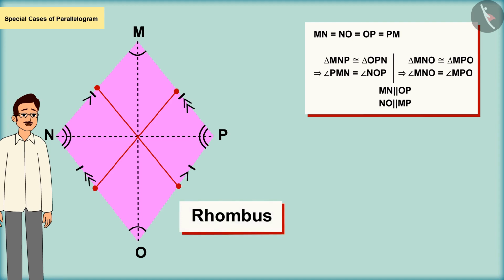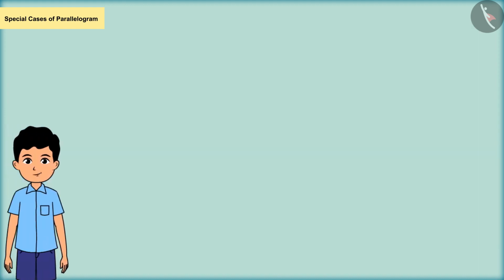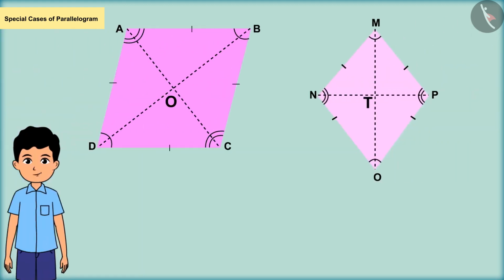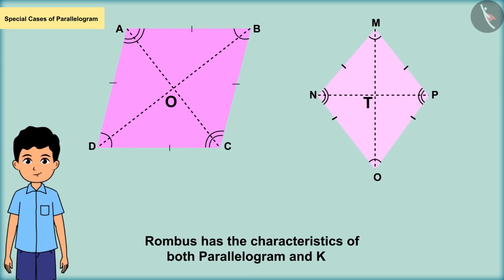But we made this shape with the help of a kite. So, what do you think about this rhombus now? Teacher, we can say that the rhombus is a shape that has the characteristics of both the parallelogram and the kite.